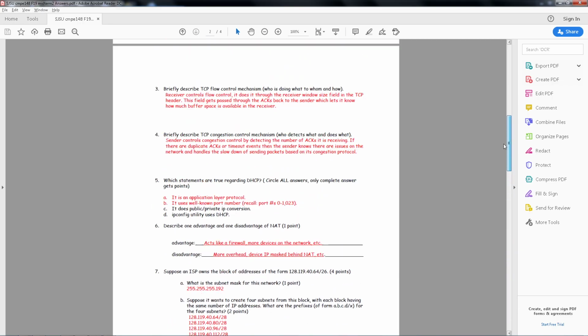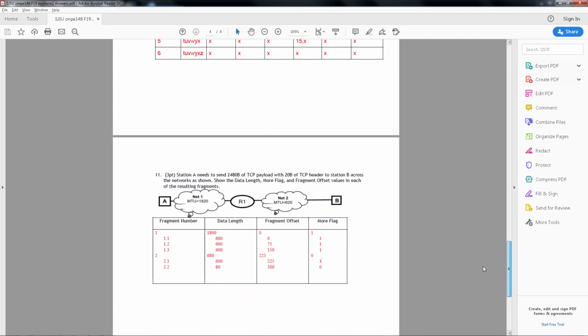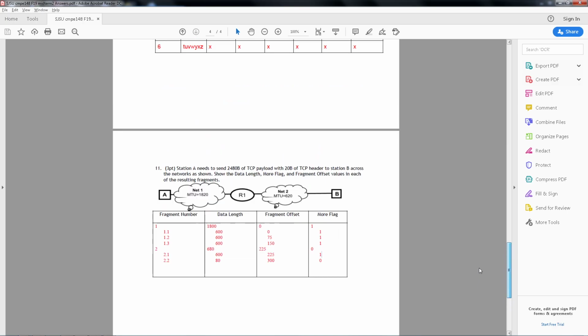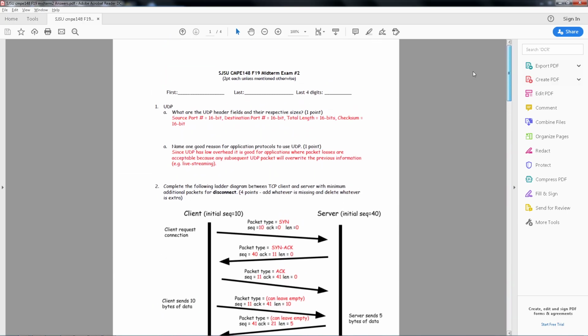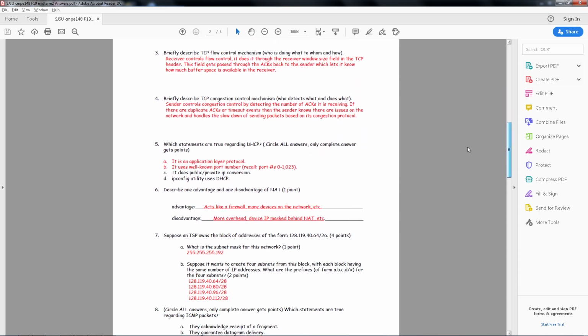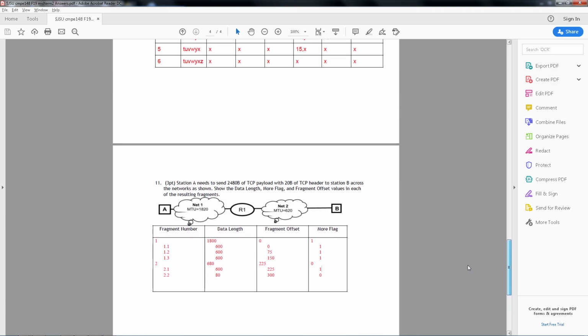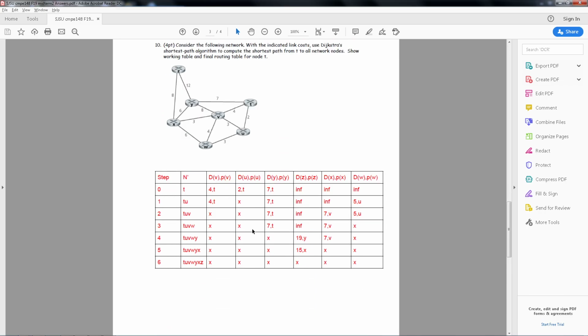I personally think that this was a fairly easy exam, and that it was doable within probably 30 or 40 minutes. Definitely I could do this within 20 to 30 minutes if I'm checking my answers constantly. But it's not really hard, it's just very long.